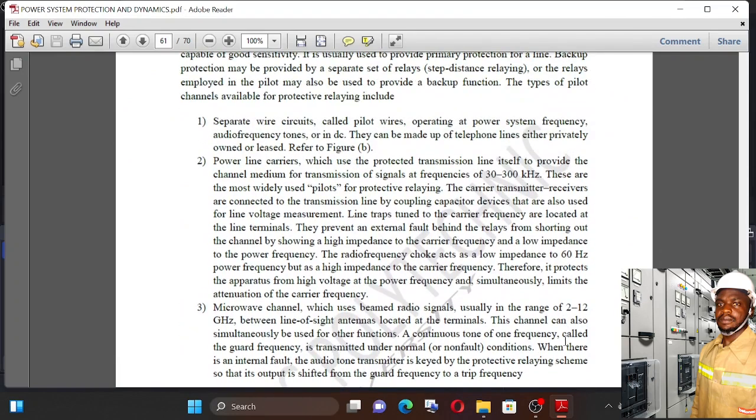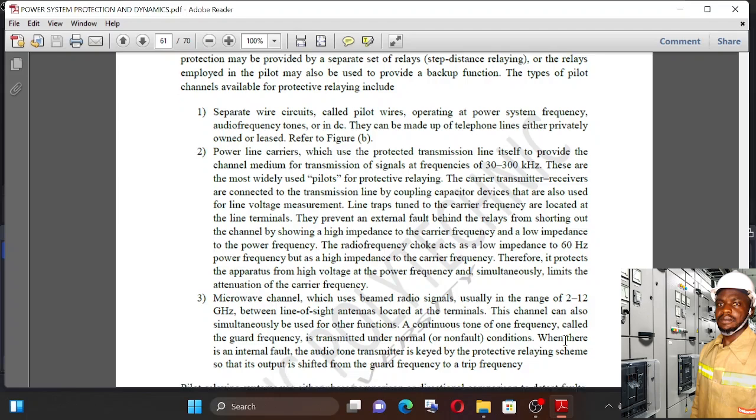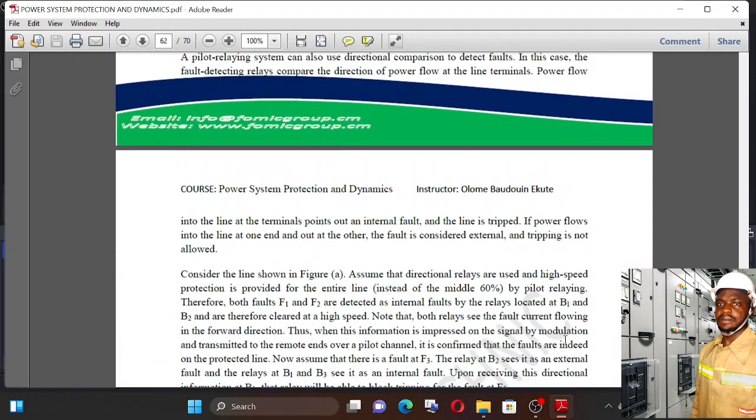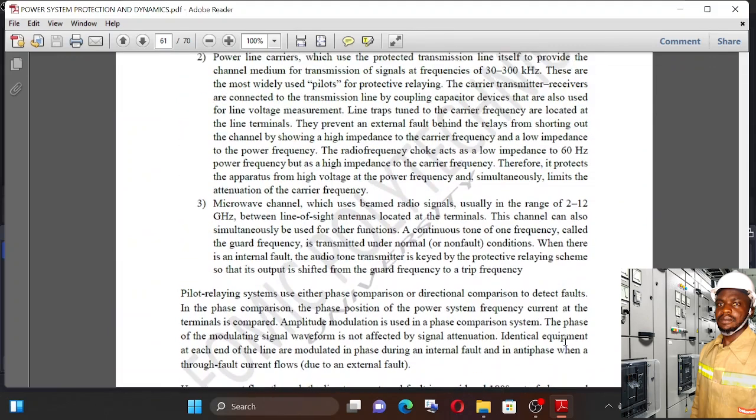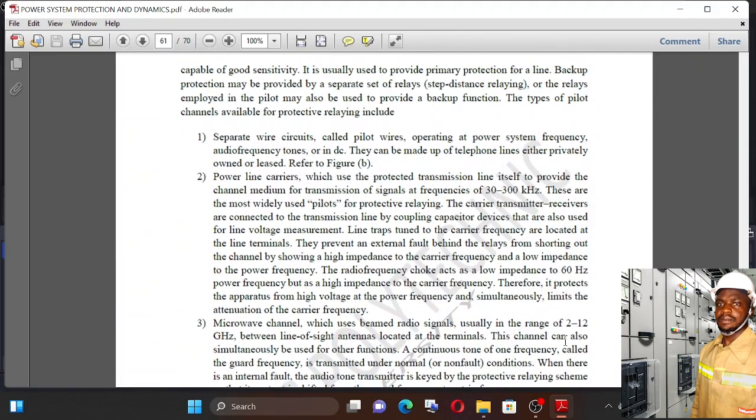Generally, the communication line, or what we call pilot channels here, are simply communication channels, right, that are used. And we have various configurations or various types of communication channels that can be used, or the pilot channels. We have the separate wire circuit, called the pilot wires.